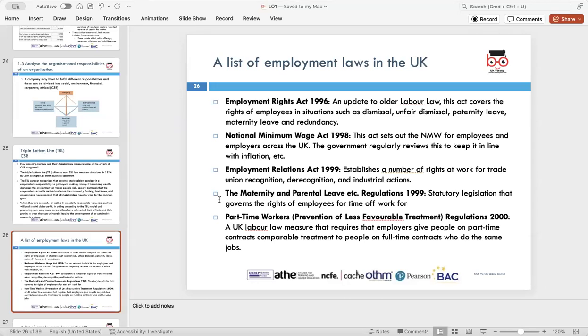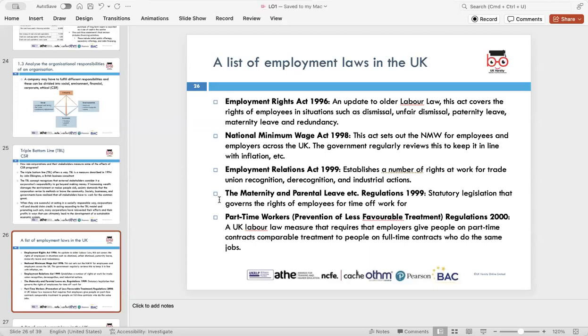So the first one, the Employment Rights Act 1996, is a comprehensive statute that serves as an update to earlier labor law. It encompasses the rights of employees in various scenarios, including but not limited to unfair dismissal, paternity leave, maternity leave, and redundancy.